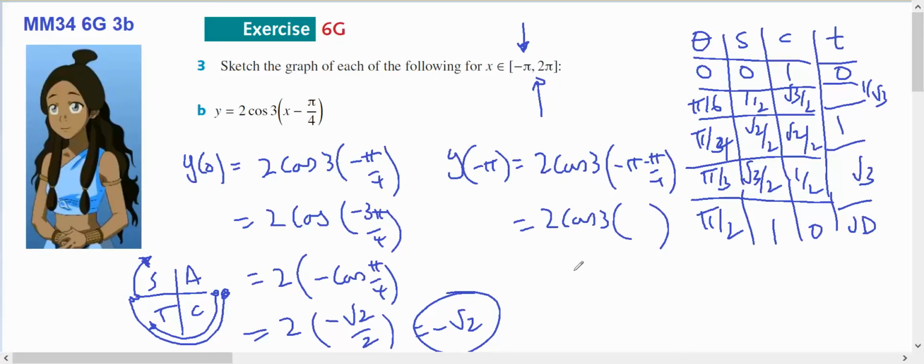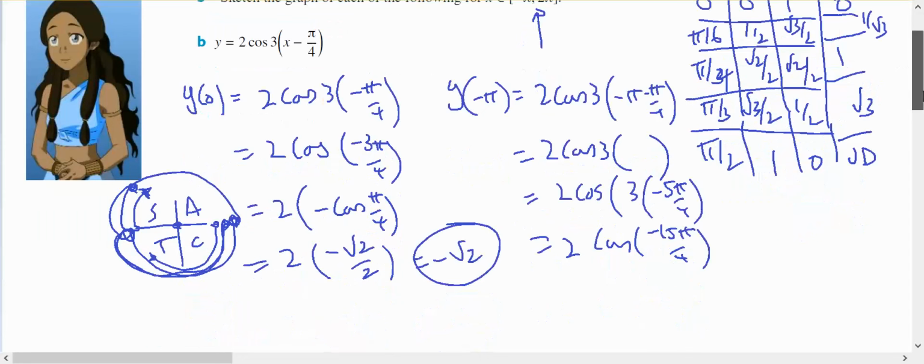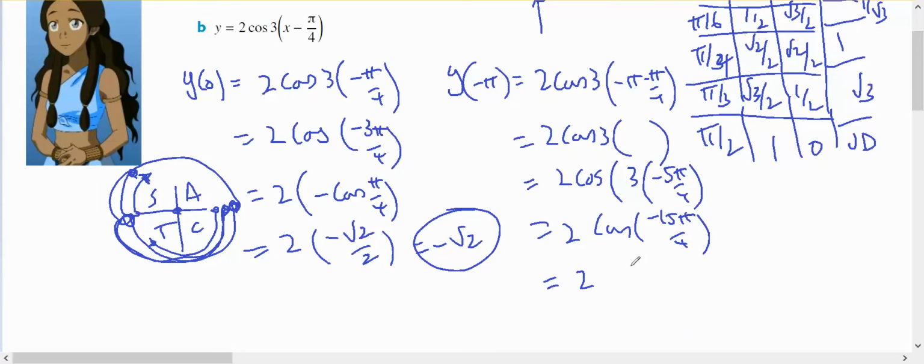So it's also going to be 2 cos of 3 times minus 5 pi on 4, which is 2 cos of minus 15 pi on 4. Where is minus 15 pi on 4? That's minus 4, minus 8, minus 12, minus 15. That's going to be in the second quadrant as well. So 2, and in the second quadrant, it's going to be negative, and it's going to be negative root 2 on 2, which is also negative root 2.